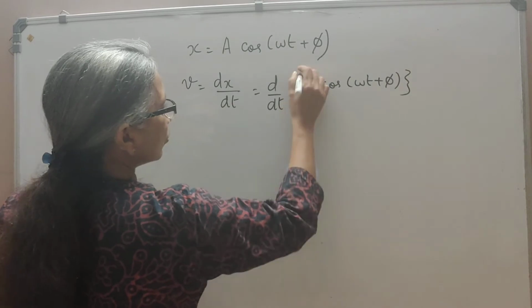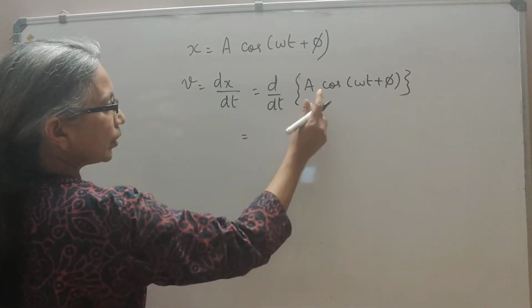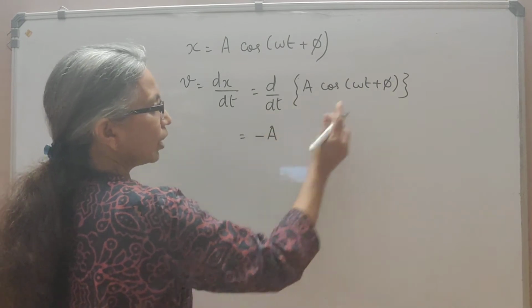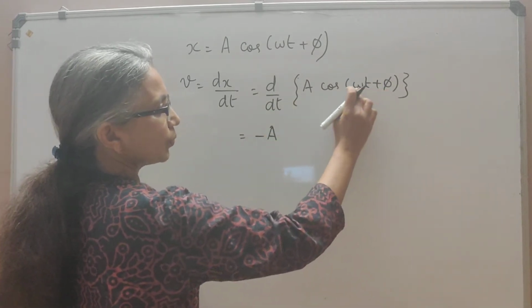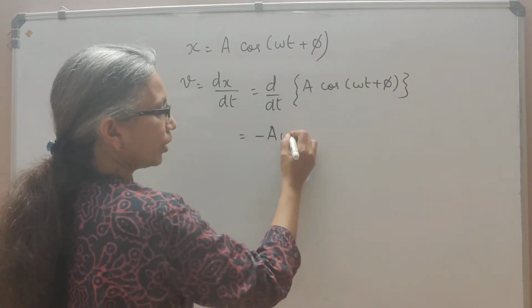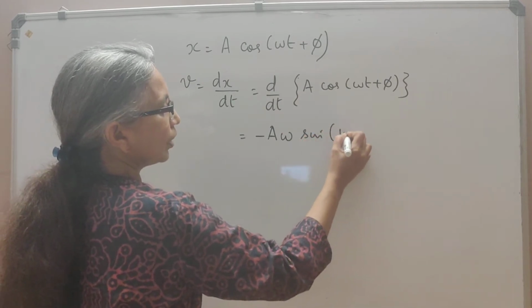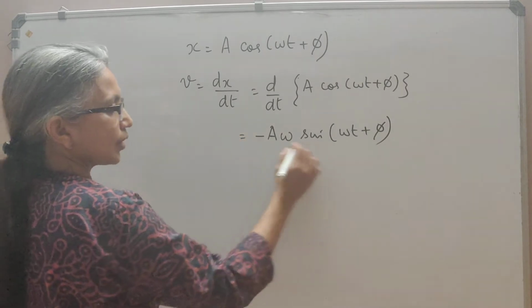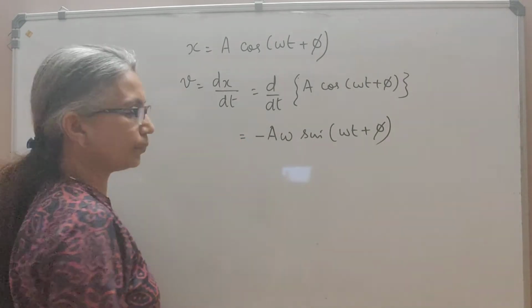As you know, the derivative of cos theta is minus sin theta. So we have minus a, and if I differentiate, this will be omega, so this is minus a omega sine(omega t plus phi). So this represents the velocity of the particle.